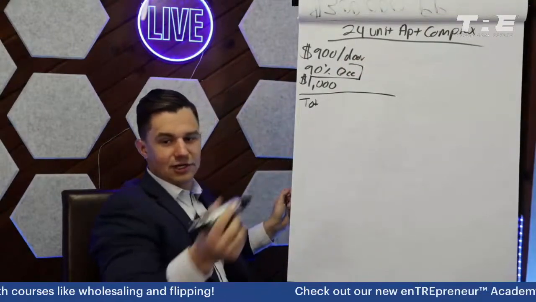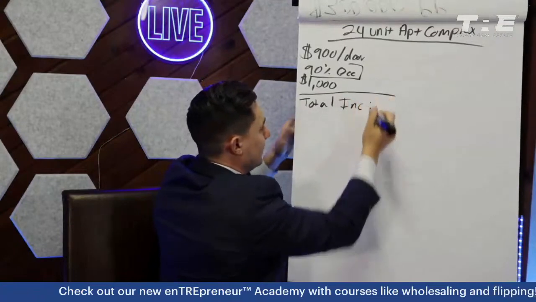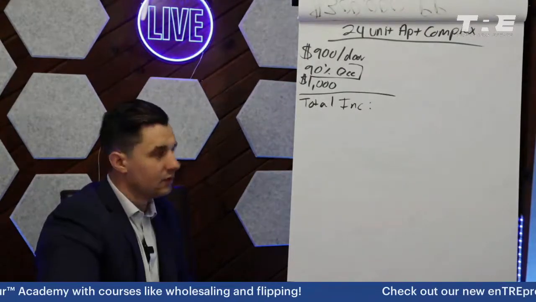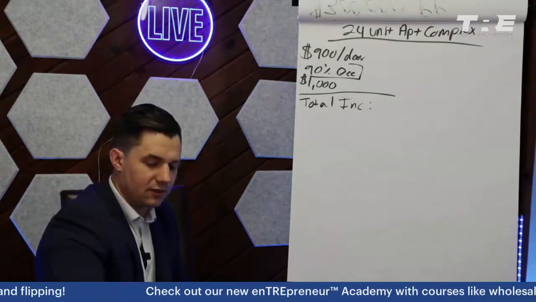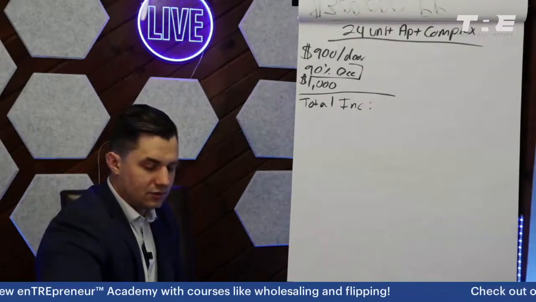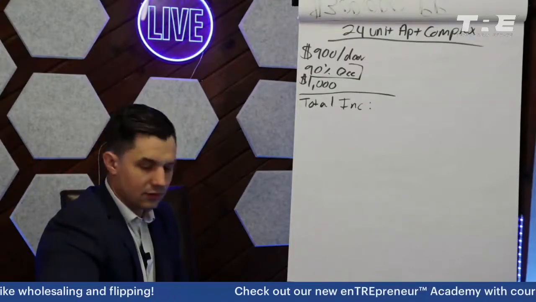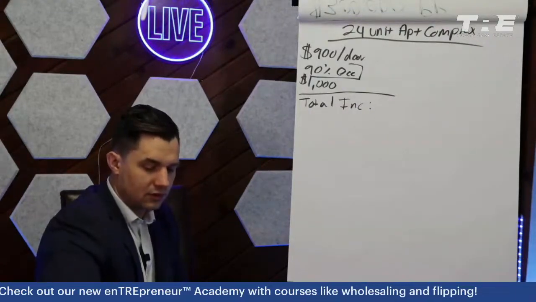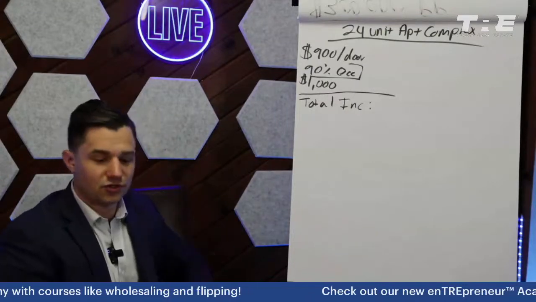This number right here is important, so make sure you factor it into your equation. Total income is how much? $900 times 24 times 0.9 plus 1,000. What we said is roughly 20,400 a month.